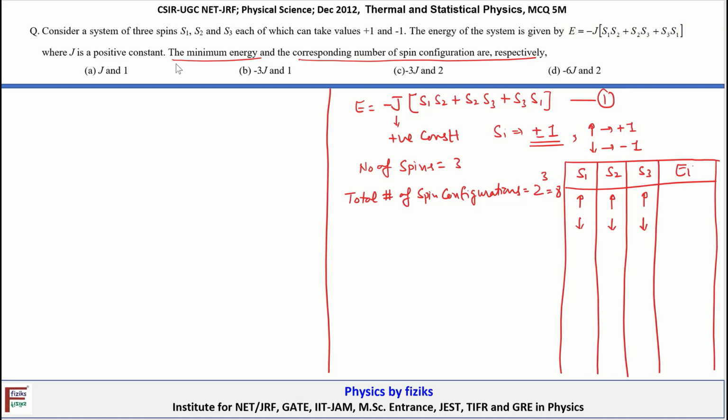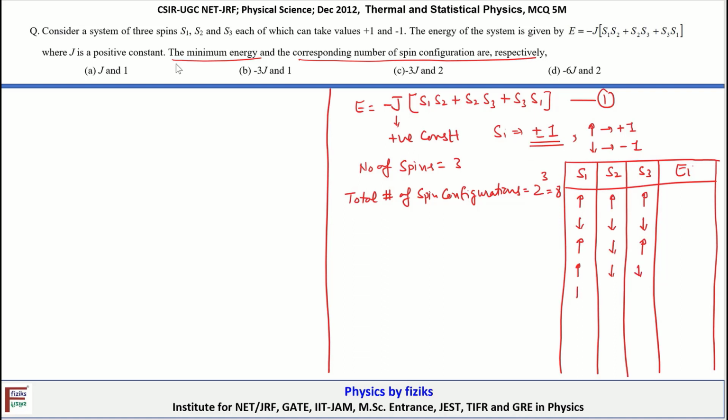The remaining 6 options will be: up, down, up. The next possibility is first up and the remaining 2 in the downward direction.